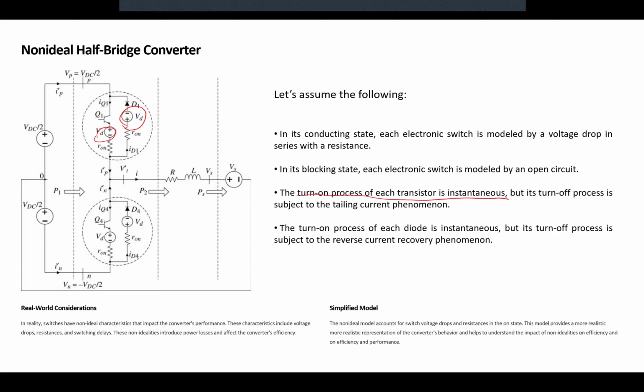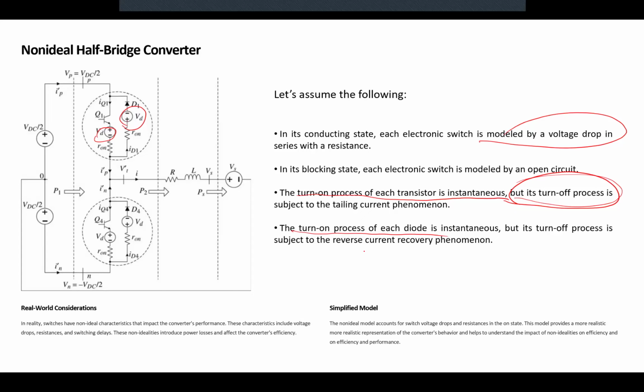This is also a semi-ideal condition. In reality, the turn on is also gradual, but it is much faster than the turn off. That's why, even in this non-ideal case, we don't consider any turn-on delay. So the first condition was the voltage drop. The second condition of the non-ideal case is the turn-off process in our semiconductors.